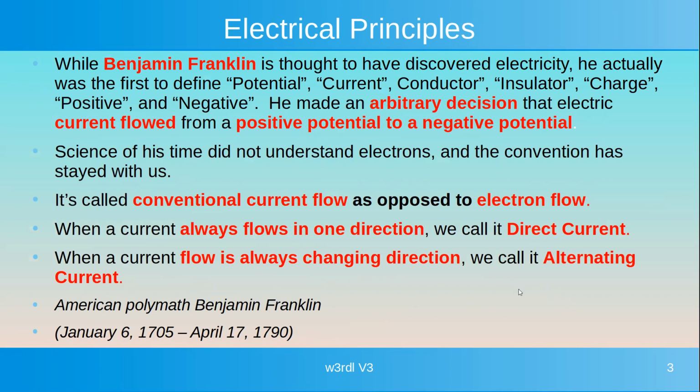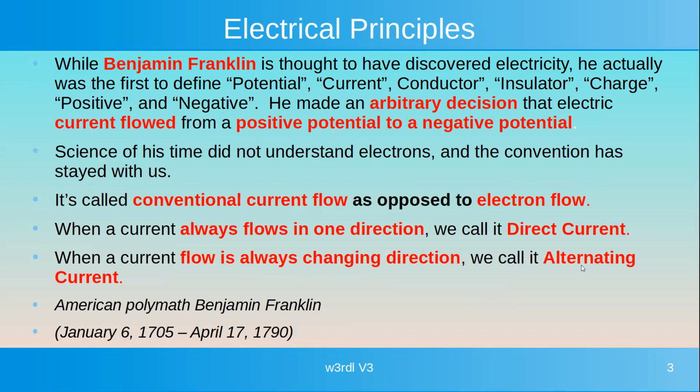Okay, a little bit about Benjamin. He actually named a lot of these things that we deal with, and we're still dealing with them, like potential and current and conductors, and which was positive and which was negative. Turns out he got that one backwards because it's really electron flow or charge flow.